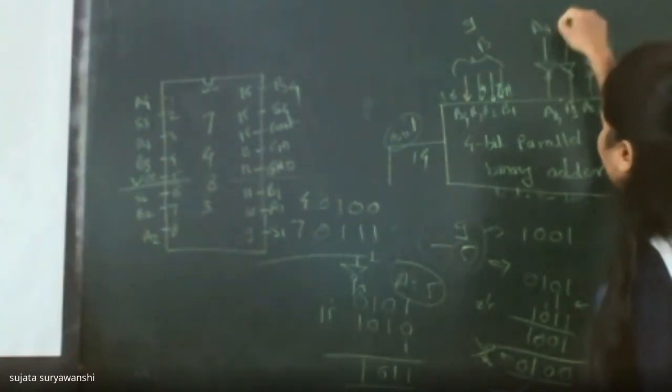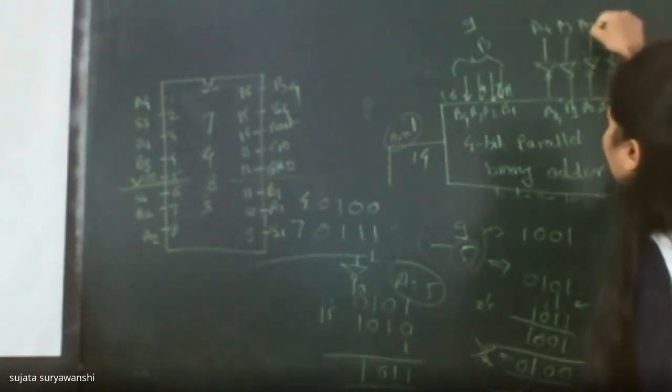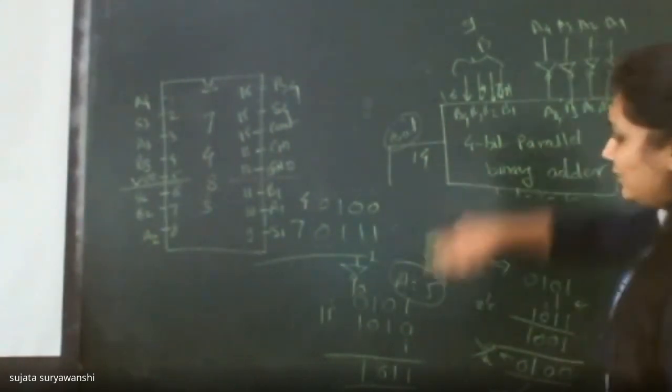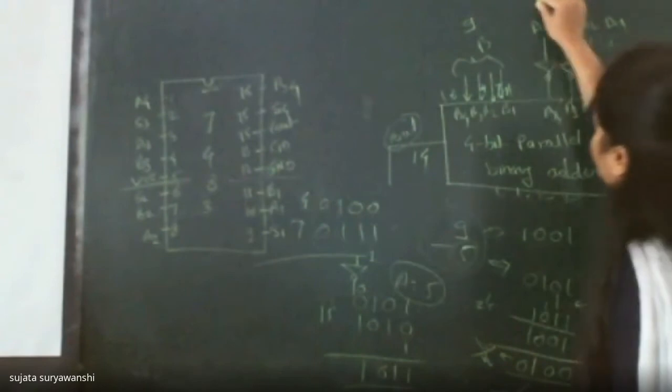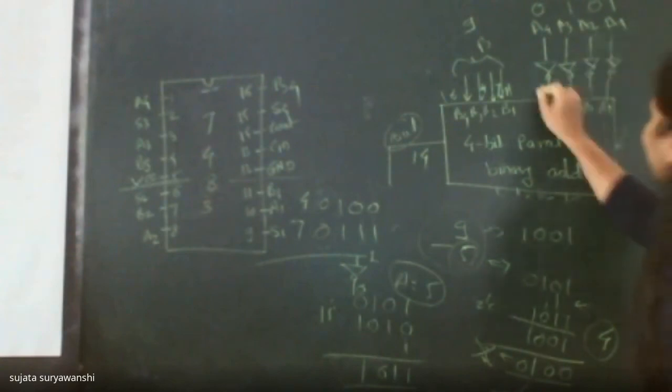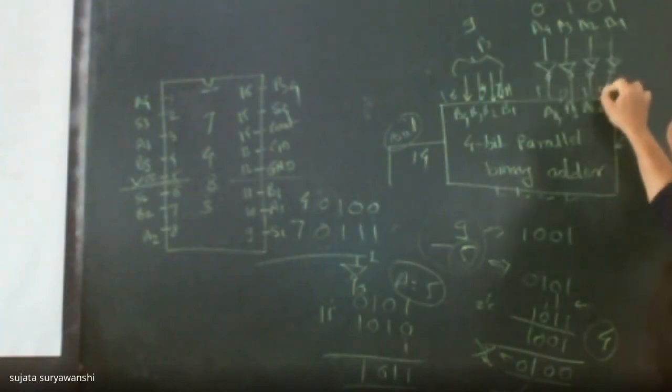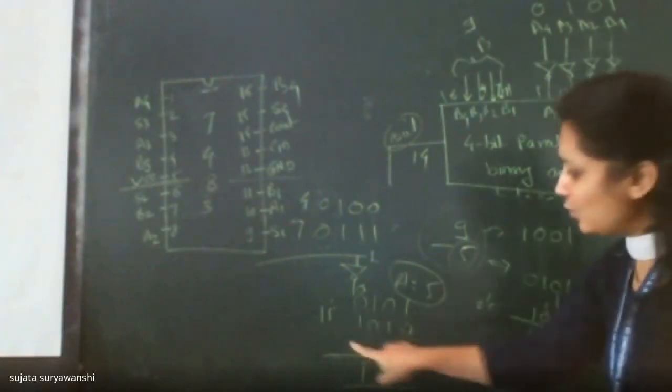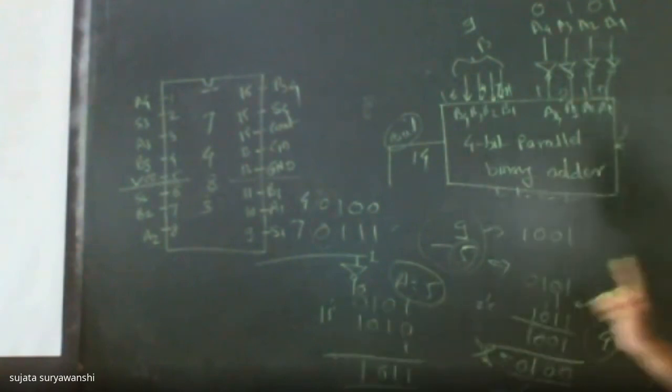Here you can use A4, A3, A2 and A1. If you want to give 5 here, so 0, 1, 0, 1. After giving it as input to NOT gate, you will get 1, 0, 1, 0, which is equivalent to 1's complement of 5.